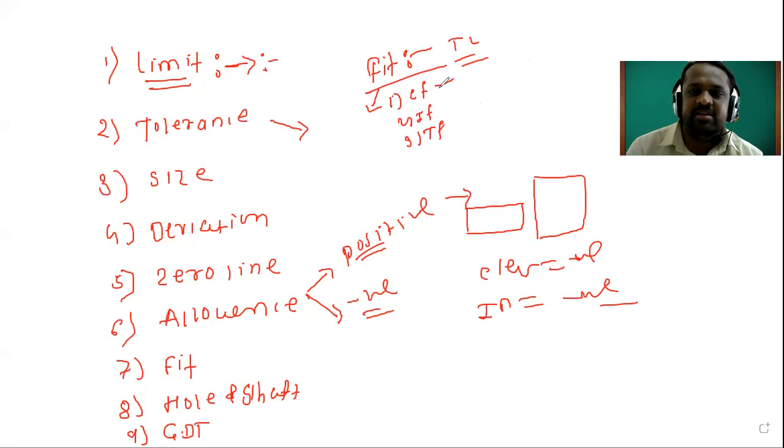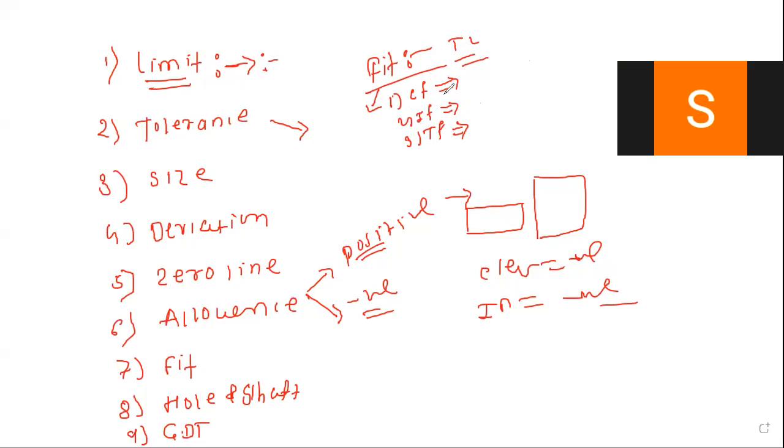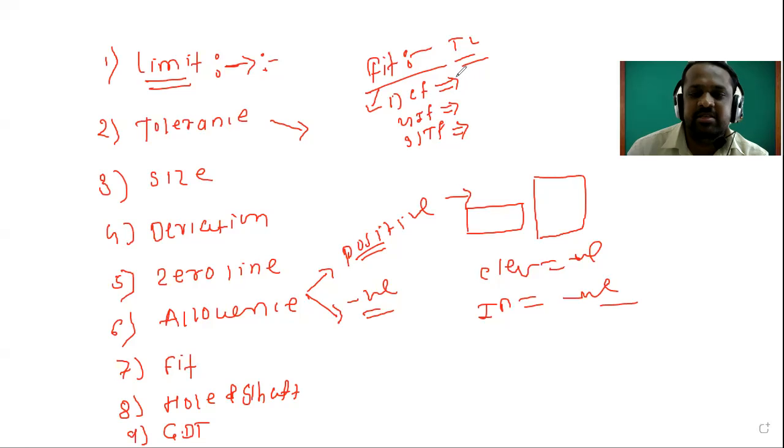Then tell me what is meant by the clearance fit, when we can call it clearance fit, interference fit and transition fit. Tolerance zone of hole is above and shaft zone is below, then it is clearance fit.